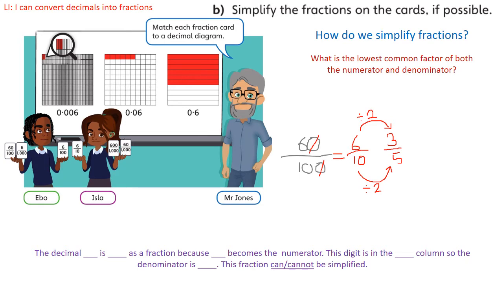Can I simplify 3/5 any further? No, I can't. Both 3 and 5 are prime numbers, so there's no other numbers that will divide into them other than 1. And again, I can use my stem sentence there to help me. So now I can have a go at 6 thousandths.